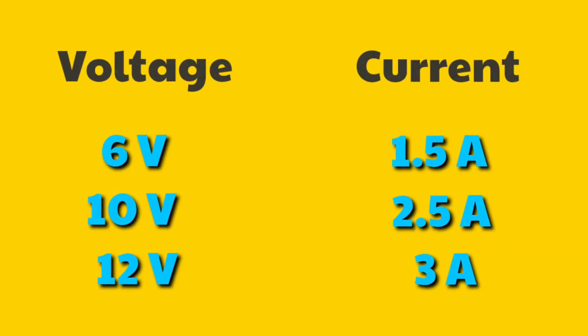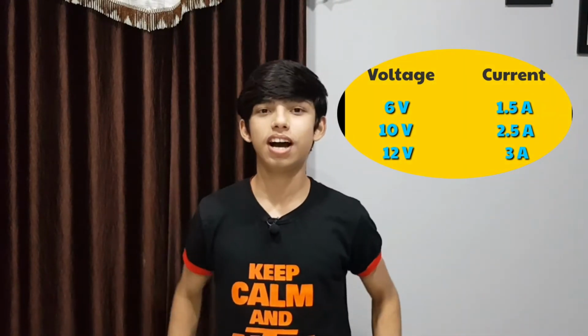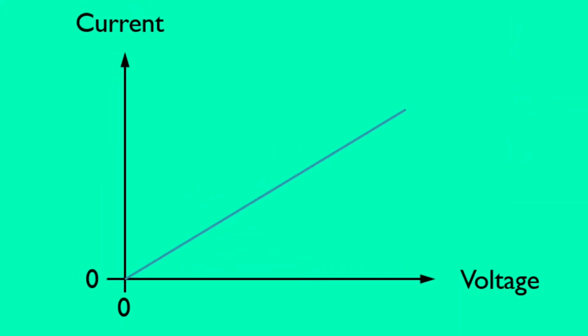So here we have one simple table which gives the readings of the voltmeter and ammeter. Now can you see some relationship between the voltage and the current? First of all, let's try to draw a graph with this data. And what do you get? Yes, we got a simple straight line.